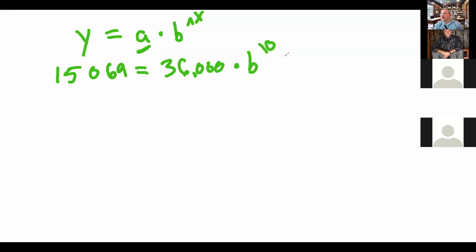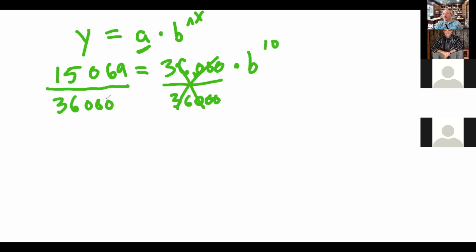Wouldn't we have to get B by itself first, or are we doing exponents first? We want to get B by itself. So we're not going to subtract 36,000 because it's being multiplied here. We're dividing it, right? So there's 36,000. This cancels, but if I do it on that side of the equation, I have to do it on this side of the equation.